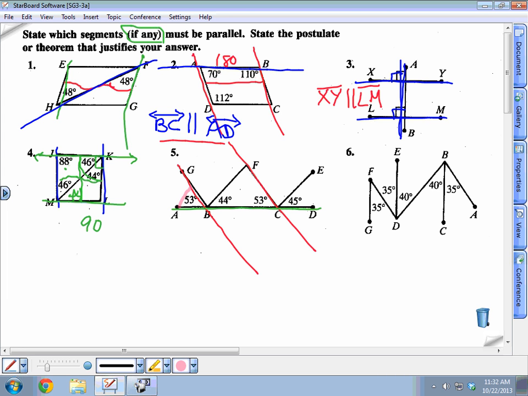What kind of angles are they? Corresponding angles, right. So I can say here that, they're talking about line segments in the directions and I missed that, line segment GB and line segment FC are parallel because of corresponding angles.